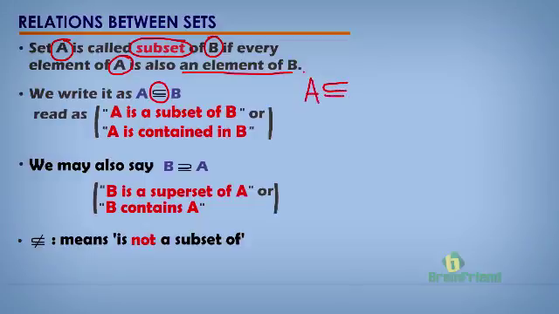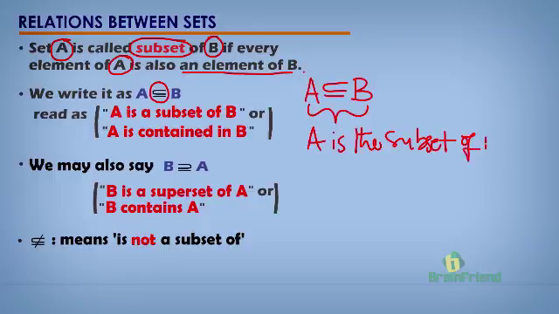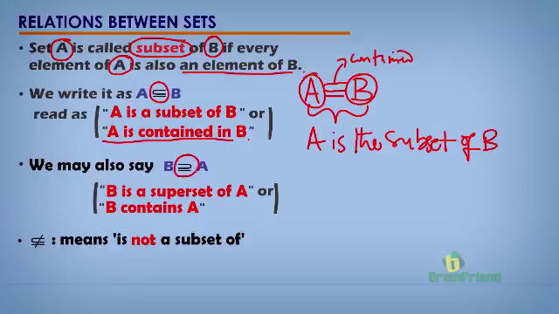Therefore, this statement reads that A is the subset of B. We could also say that A is contained in B. Our symbol can also be written in a reverse manner, which also reverses our statement up here, and the symbol symbolizes a superset.